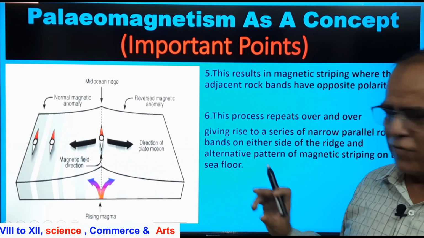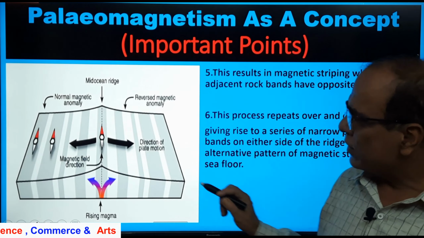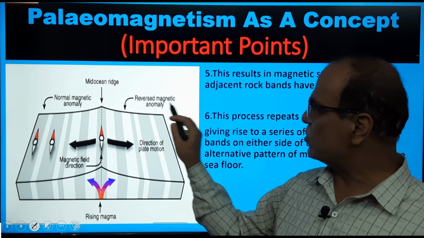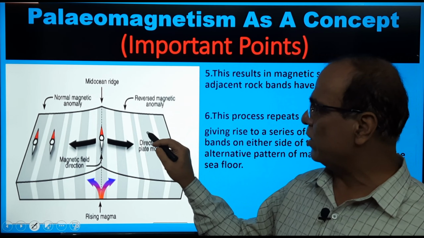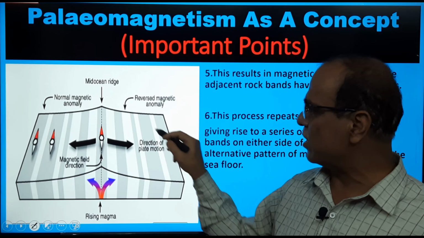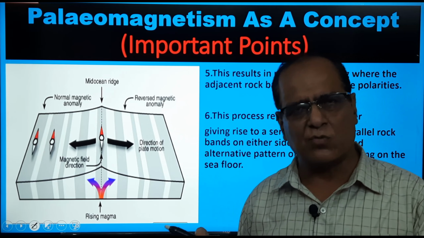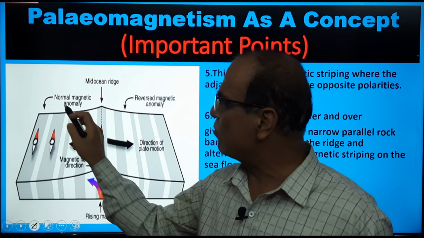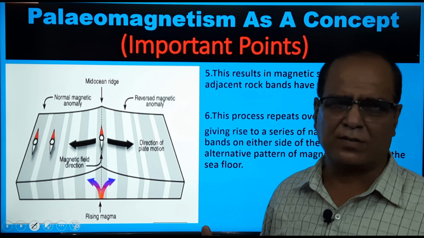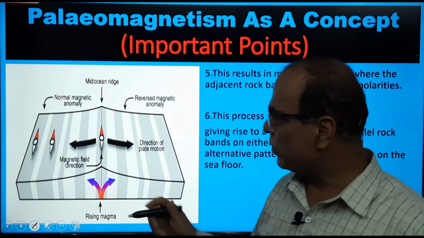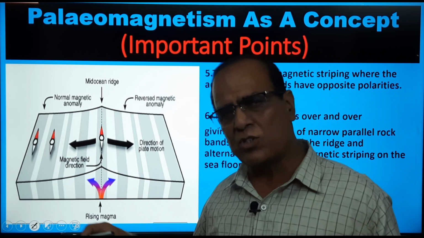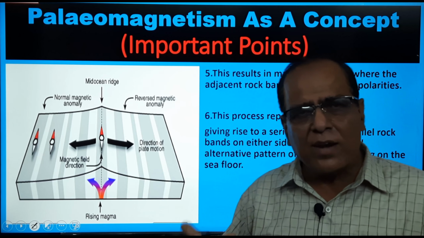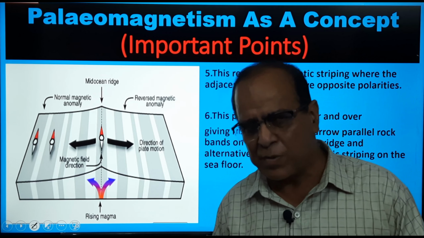Now in this figure, as we can see, there are certain strips shown here. You can see the reversed magnetic anomaly. The white stripes have got the reversed polarity. And on this side, the bluish one, we have got the normal magnetic field, showing the compass towards the normal magnetic polarity. And where are all these things happening?